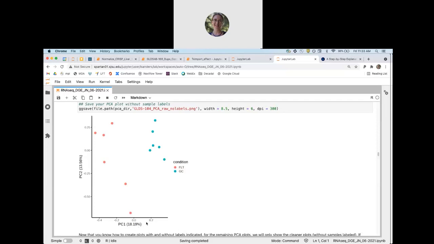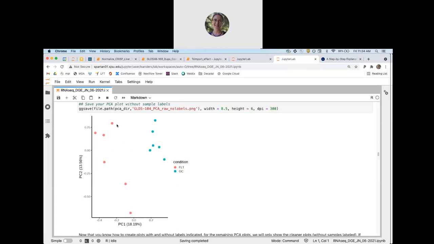Well, when I look at this plot, the difference between flight and ground control appears to be causing most of the variance in PC1. Then if I take a look at PC2, the samples are not separating by flight and ground control condition along PC2, but I do see the spread within the flight samples and a little bit of a spread within the ground control samples.